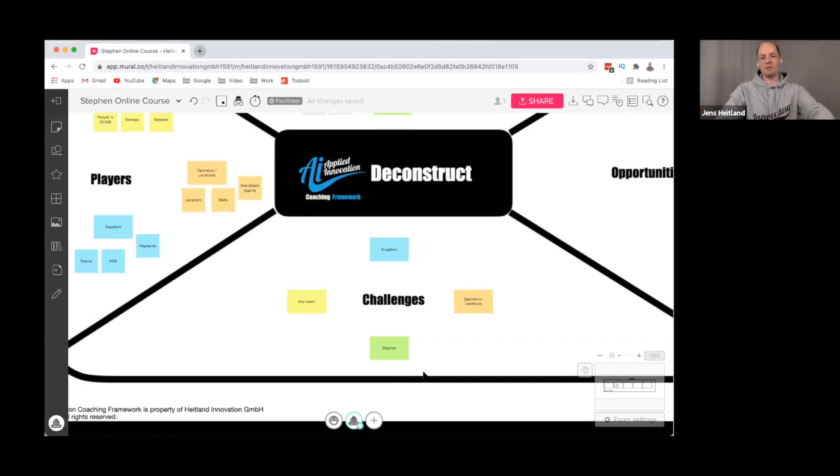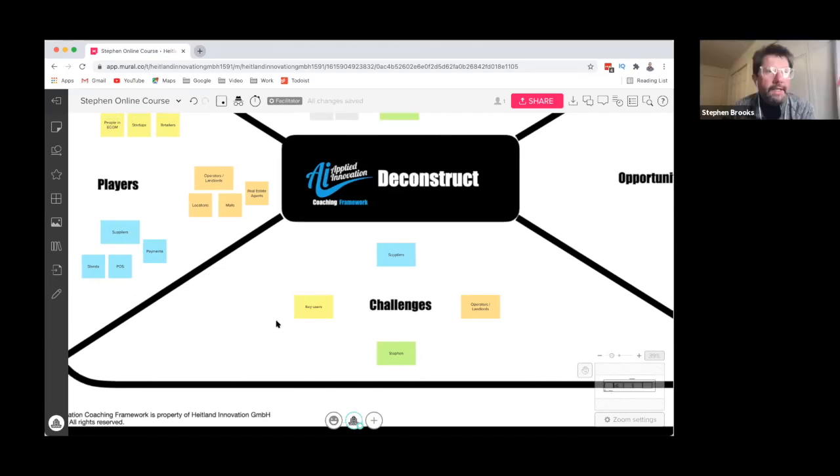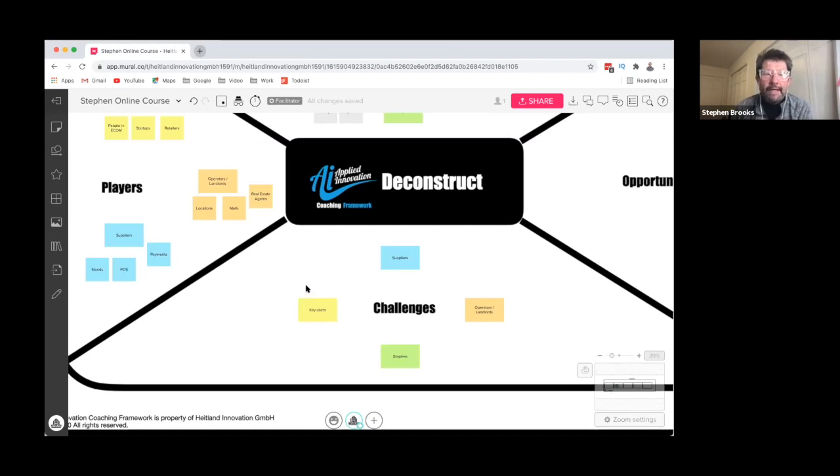So from a challenge perspective, what do you see as the challenges of the key users? Key users right now will be, and will always be, finding the right location at the right price. That's always been the challenge with pop-up retailing.